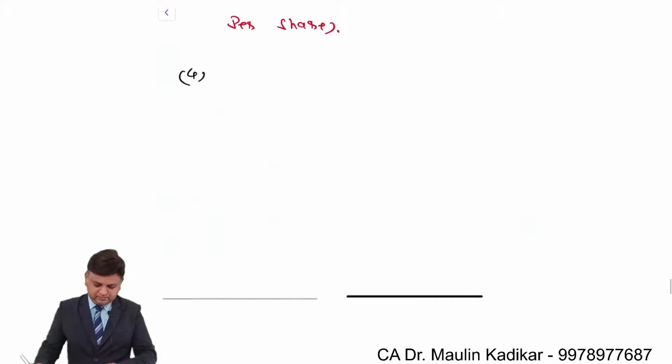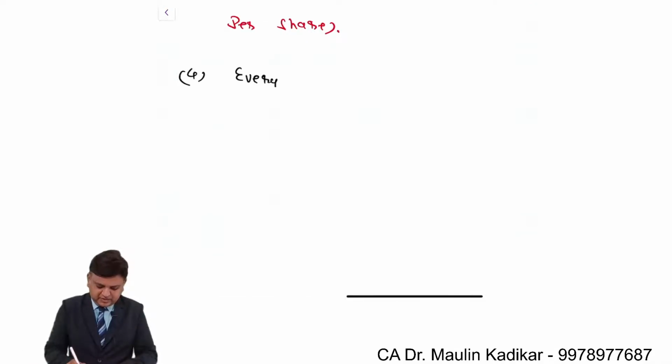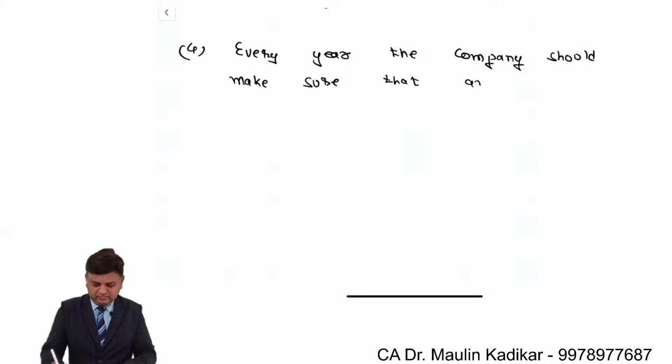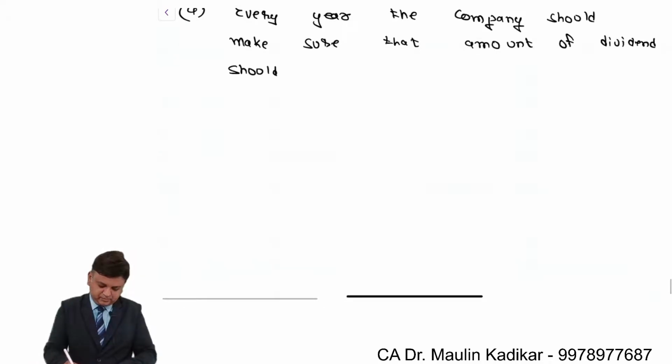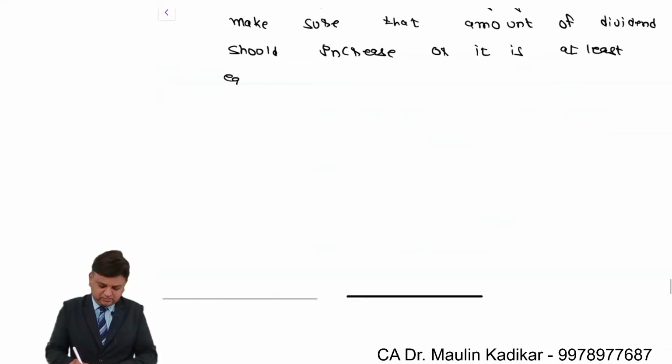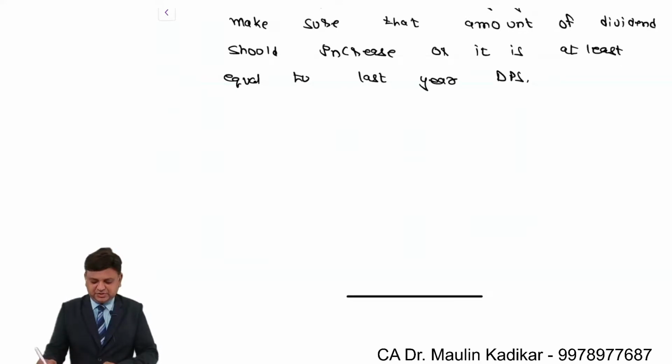Fourth point: every year the company should make sure that the amount of dividend should increase or it is at least equal to last year dividend per share.